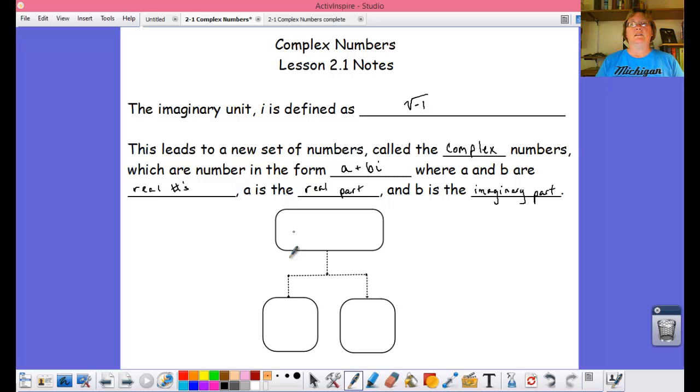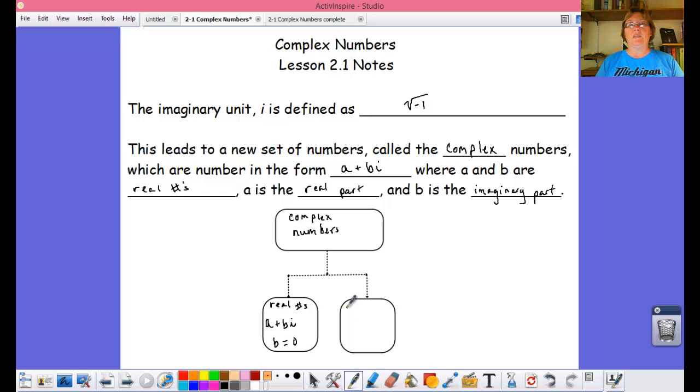So if you wanted to see how things fit in the complex number system, you have real numbers. That happens when b is equal to 0. That means there would be no imaginary part.